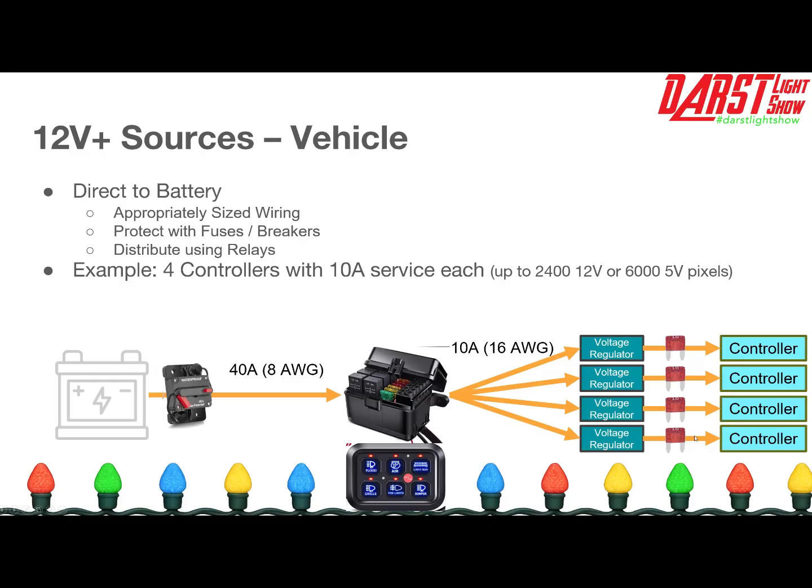Again, you need to look at your wire sizes, your capacity, what you're planning to use. There is no one easy solution for everybody. So you have to take all those things into consideration as you select your different components.